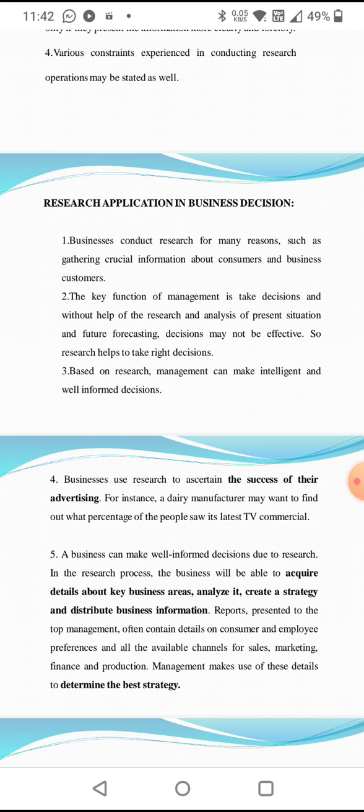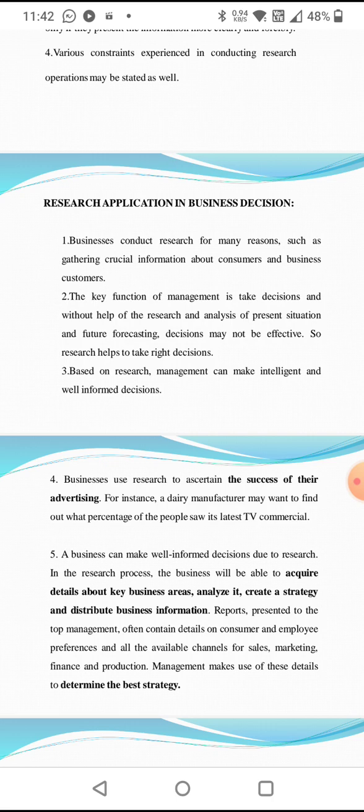Businesses use research to ascertain the success of their advertising. For instance, a dairy manufacturer may want to find out what percentage of people saw their latest TV commercial. A business can make well-informed decisions due to research. In the research process, the business will be able to acquire details about key business areas, analyze them, create a strategy, and distribute business information.